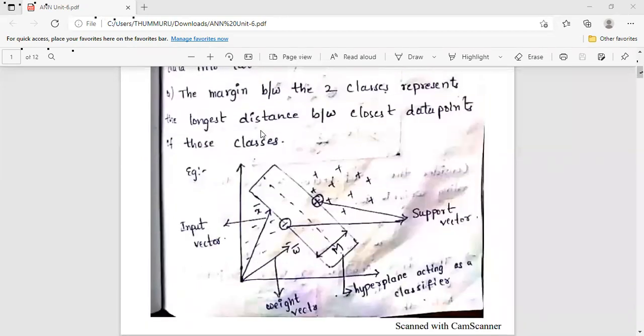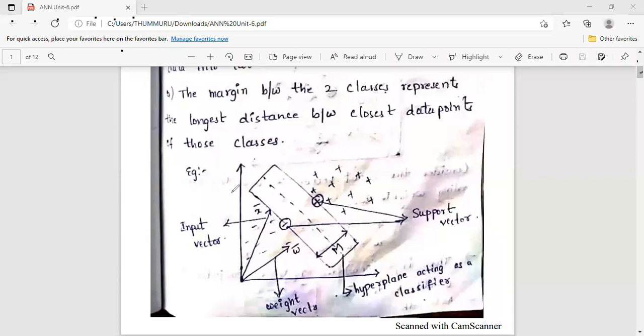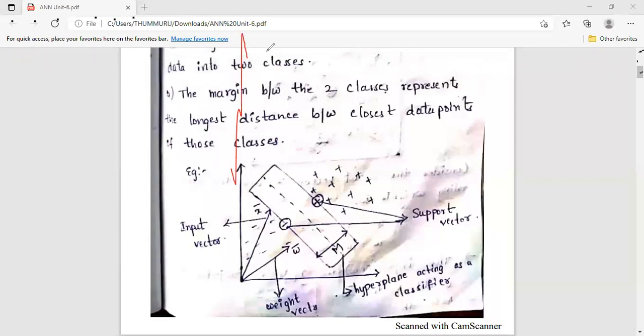For example, this is the example we have. In this example, I have taken a 2D space. This is my 2D space area. One is the x-axis and one is the y-axis. Here I have two classes of data.